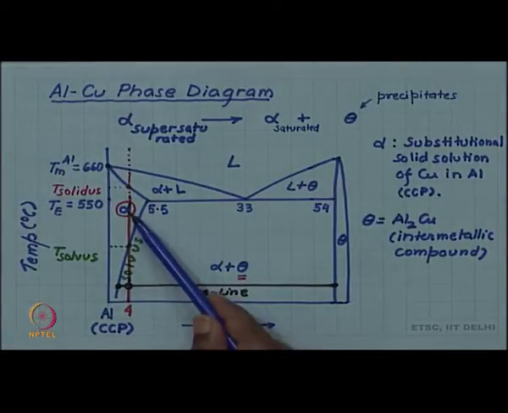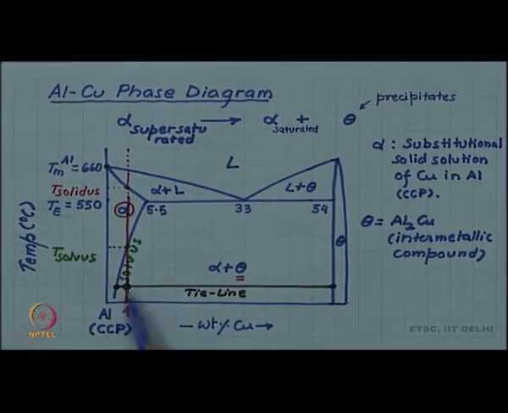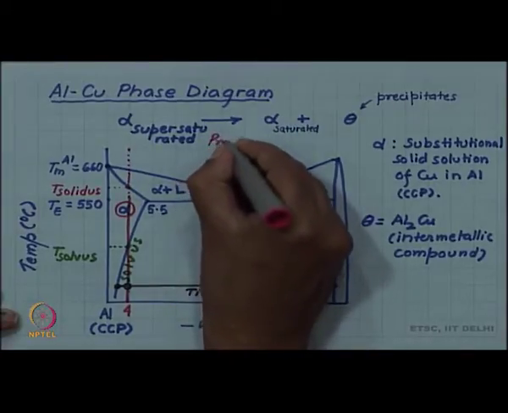So, if we suddenly quench the alpha phase to the temperature of the tie line, then initially the concentration will be 4 weight percent, but the equilibrium concentration is much less than that, let us say 0.5 weight percent. So, the extra copper in the alpha phase will start coming out of the matrix, and that extra copper will concentrate in regions which will form theta. So, this is the so called precipitation reaction or precipitation transformation.